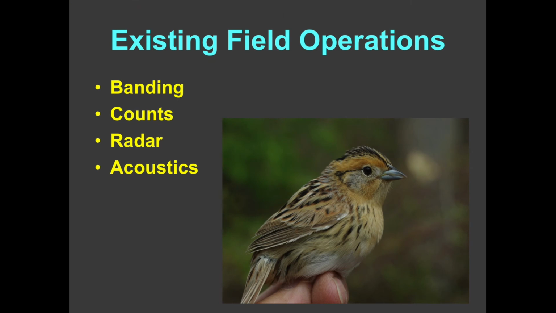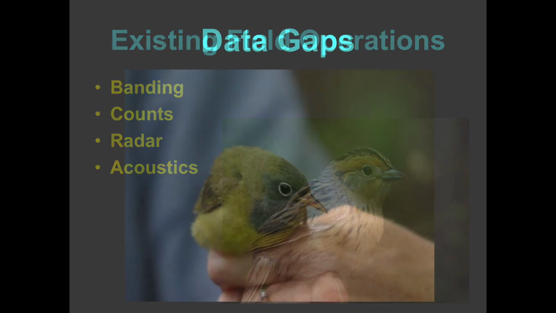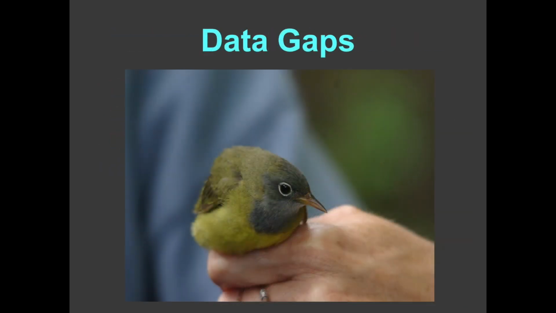Banding, counts, which is surveys, radar, and acoustics are four major methods that are available. They all have their pros, they all have their cons, they all have their costs as well. And then determine where you have gaps, and what is available to you out there that you can tap into.